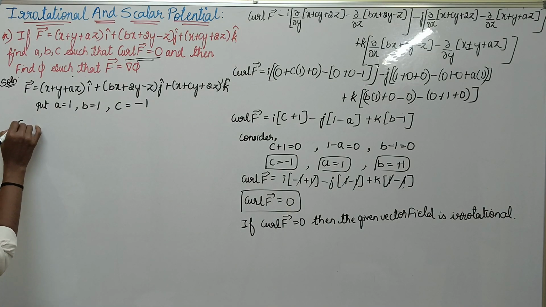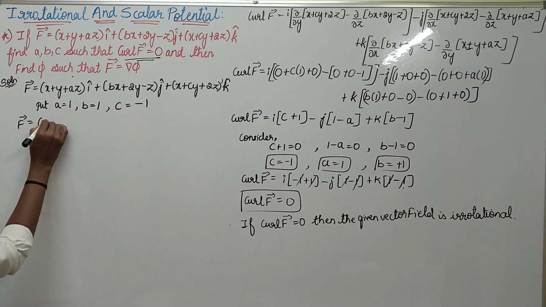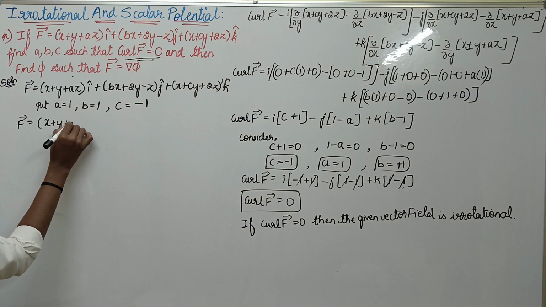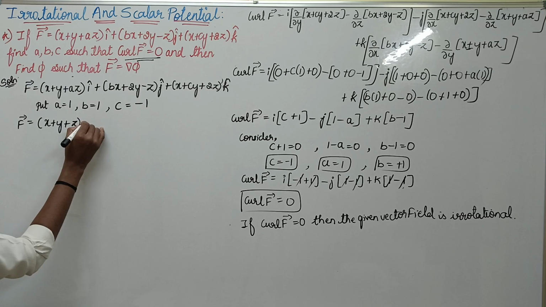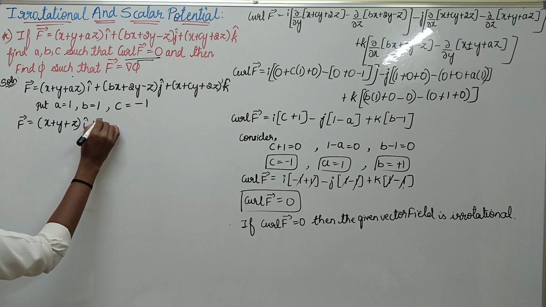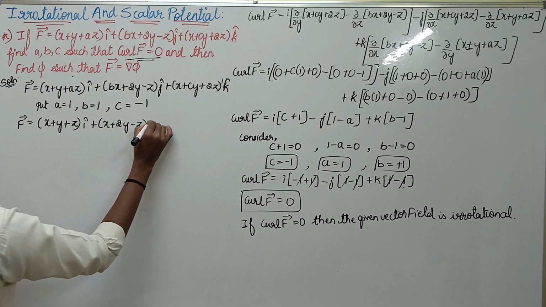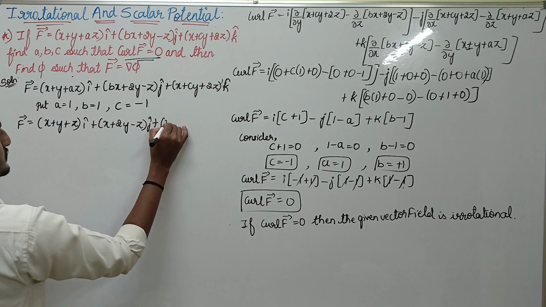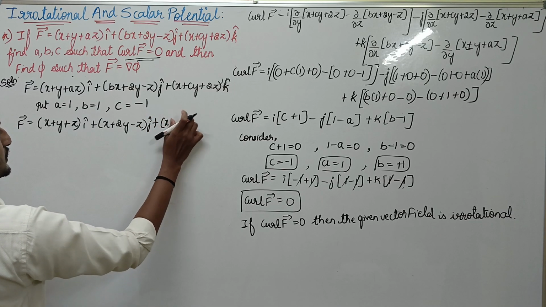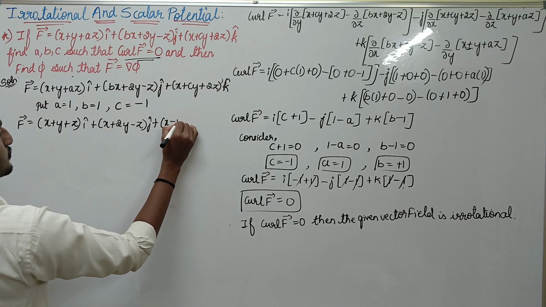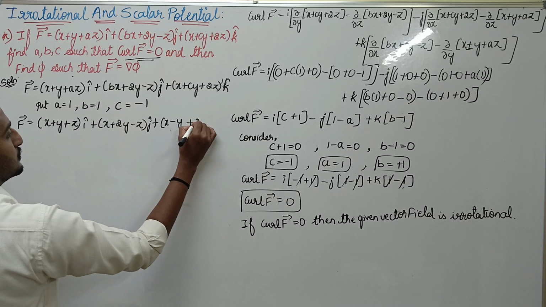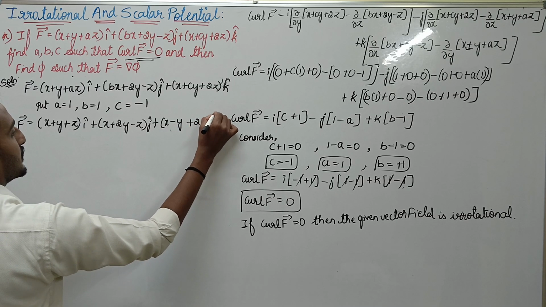Now if I simplify, vector f is equal to (x plus y plus z) i cap plus (x plus 2y minus z) j cap plus (x minus y plus 2z) k cap.